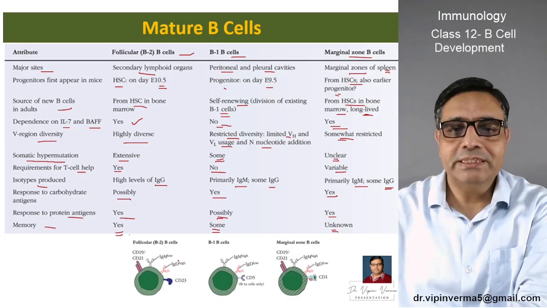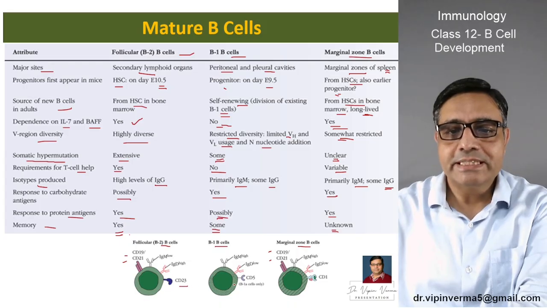Now, these are the diagrams depicting the follicular B cells, B1 B cells, and marginal zone B cells. So here you can see different receptors and the markers. In follicular B cells we have CD19, CD21. Also in marginal zone B cells we have CD19, CD21, while it is not in B1 cells.